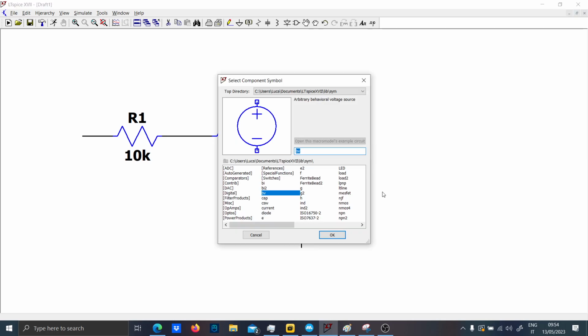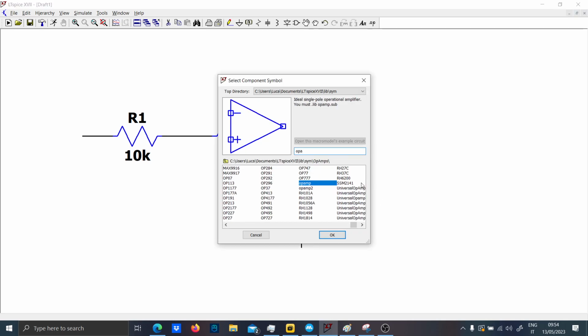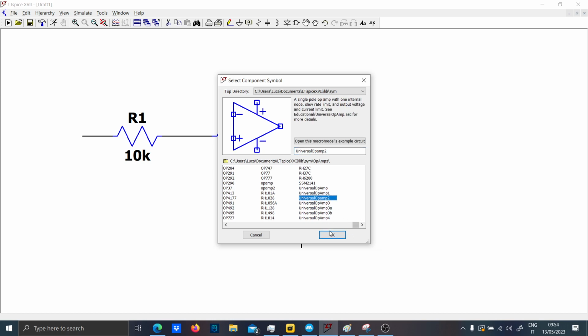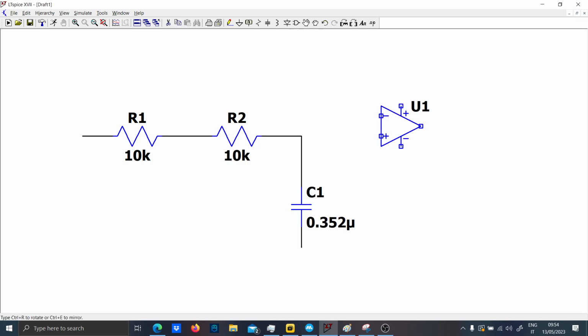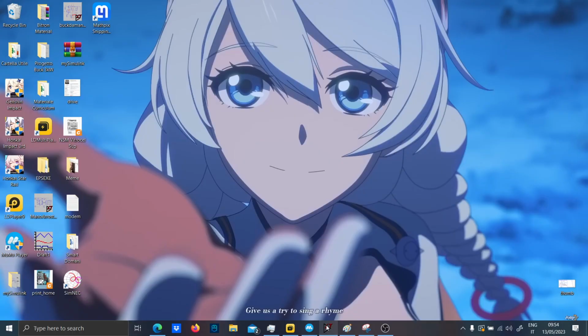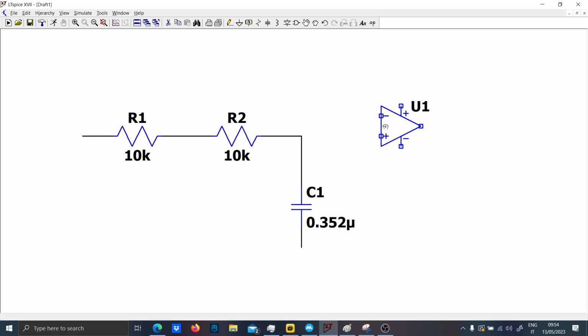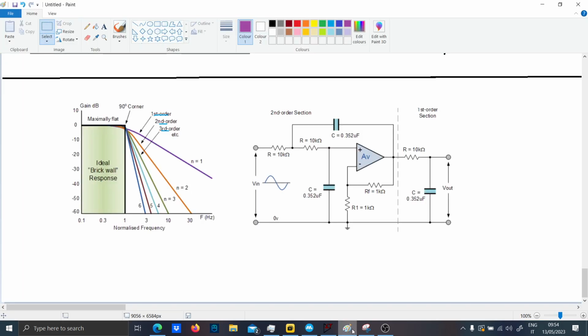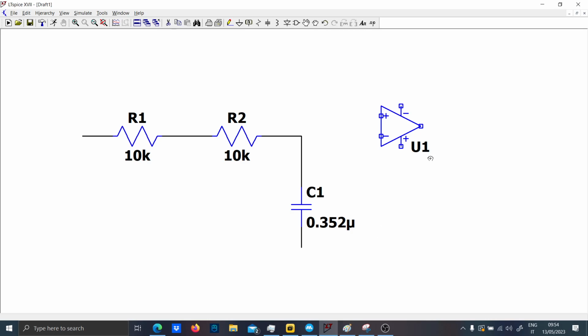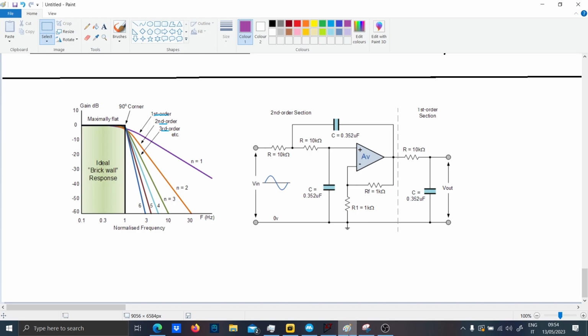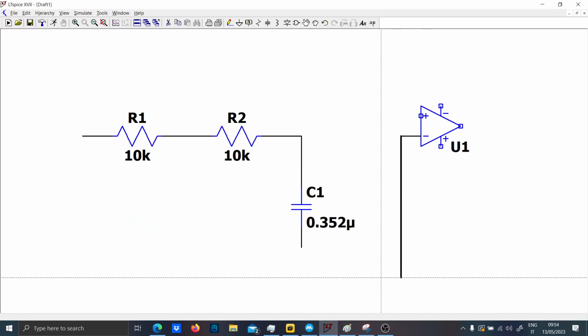Okay, let me put the op-amp. Never use this op-amp here. Always use the universal op-amp 2. 1k, 1k, 1 kilo, 1 kilo.